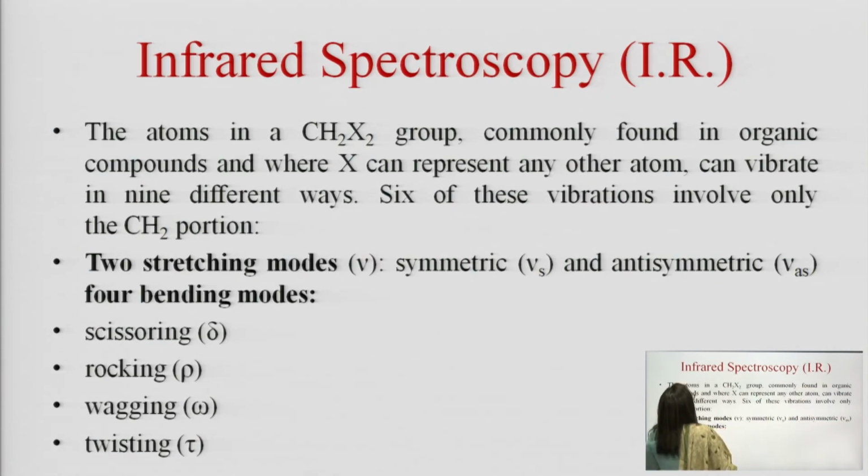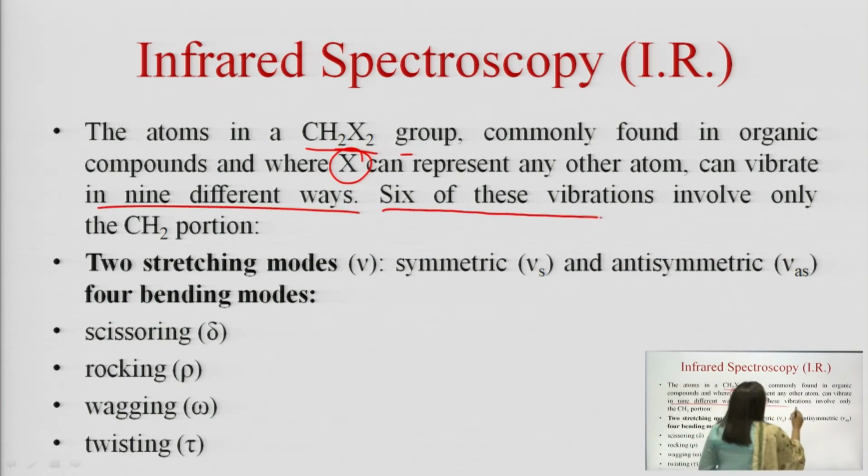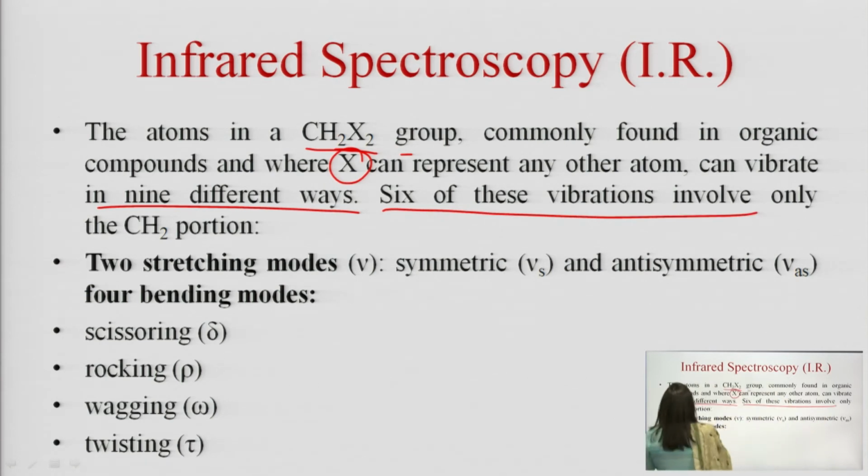The atoms in a CH2X2 group, commonly found in organic compounds, where X can represent any other atom, can vibrate in 9 different ways. Six of these vibrations involve only the CH2 portion.